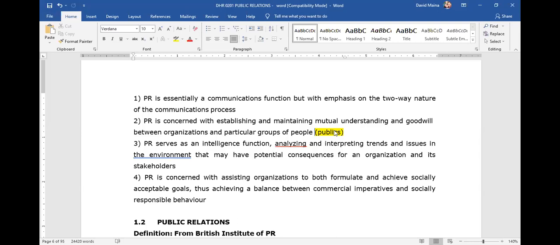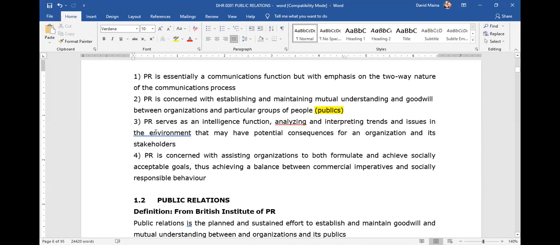So that's why we are talking about goodwill, establishing and maintaining mutual understanding and goodwill between an organization and a particular group of people. And this group of people is what we call the publics.